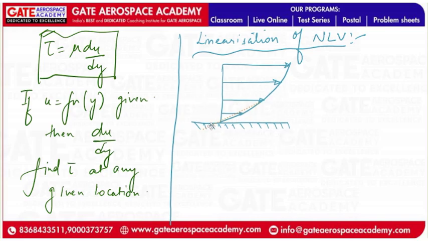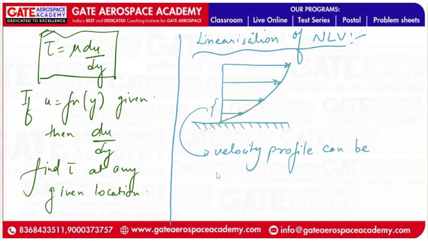Till here, what I can emphasize is that the velocity profile is somewhat linear, can be approximated as linear. So, we can approximate this velocity profile as linear. From here you can see the curve, but till here you can say that this is linear.